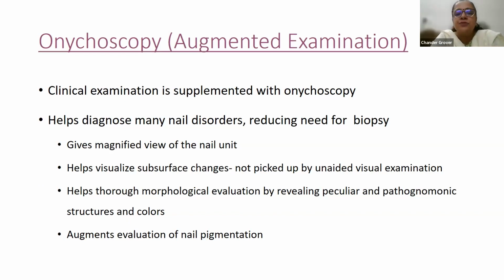It lets you see underneath, and there are many things that you can pick up. And the proximal nail fold is a double fold, so it lets you see the vasculature. Normally, you'll have to pick up your ophthalmoscope to look at the capillary situation. But with your dermatoscope, you can easily look at the proximal nail fold, and you can do repeated examinations with ease.